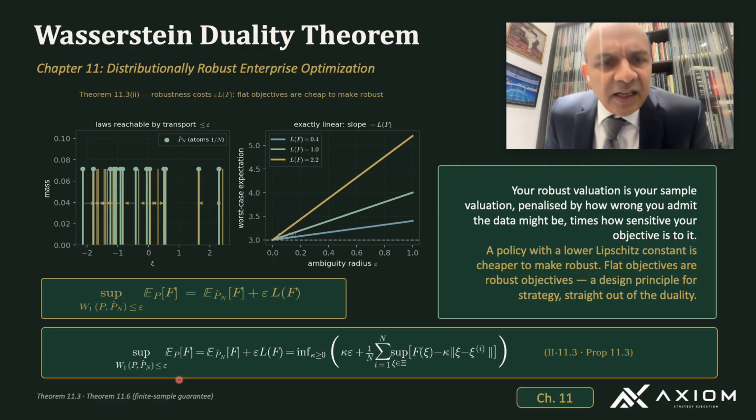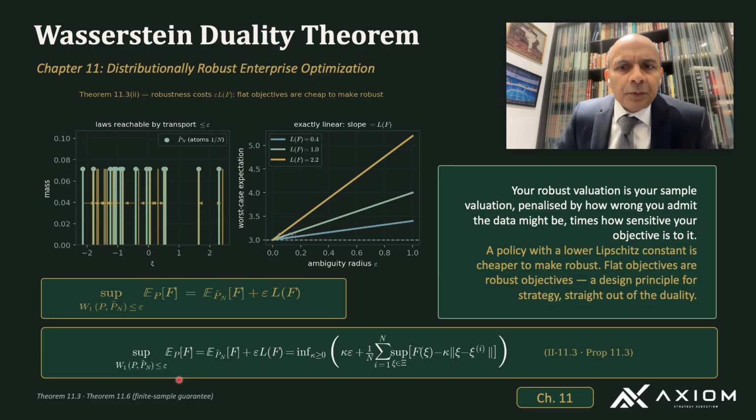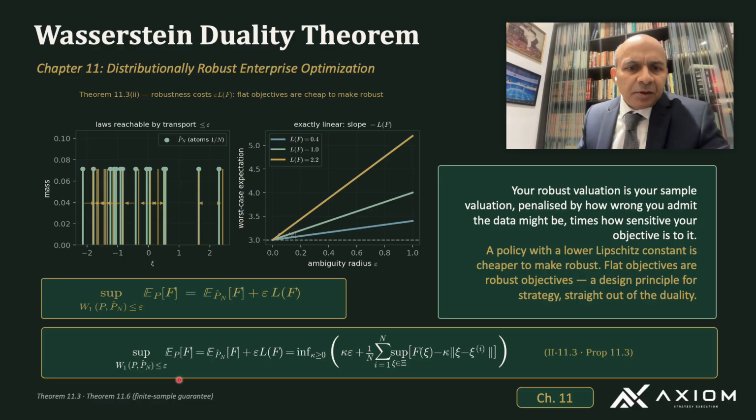This rewrites the infinite dimensional search over all probability distributions as an optimization over a single multiplier kappa, together with one worst case perturbation problem around each observed data point zeta i over here.